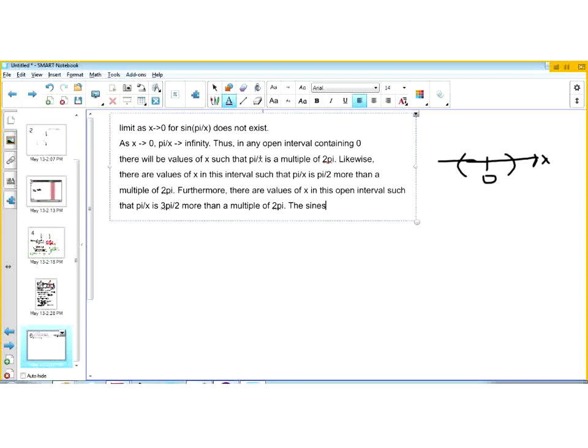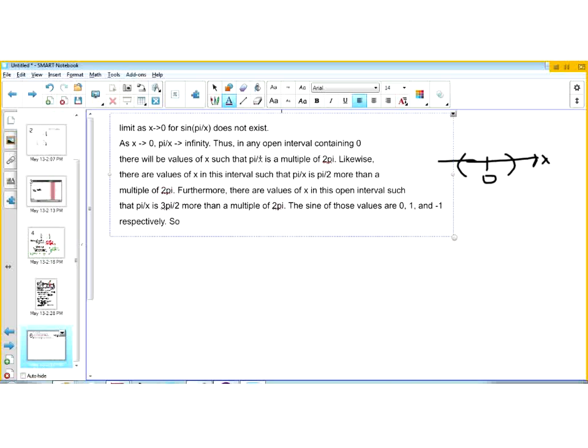Now, the sine of those values are 0, 1, and -1, respectively. Okay?